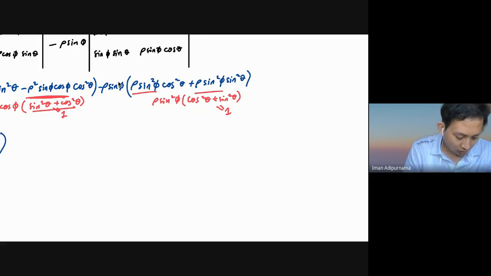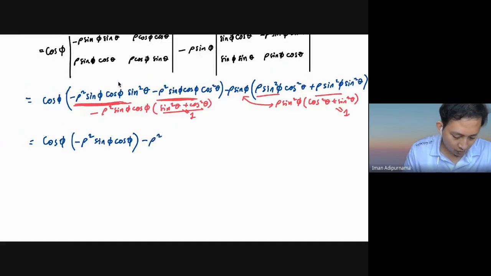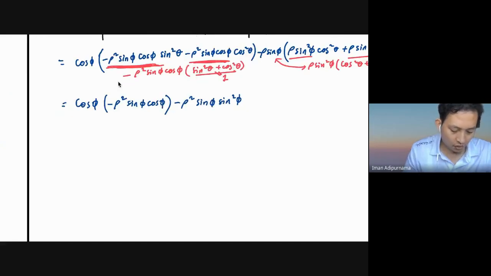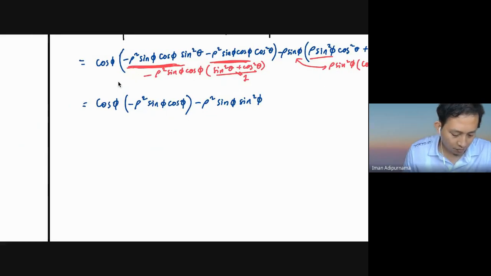And then we can evaluate this, right? And we can write negative rho squared sine psi sine squared psi. Let me write like that. Okay, don't compute, becoming cube. And now we also have negative rho sine squared psi, same, right?